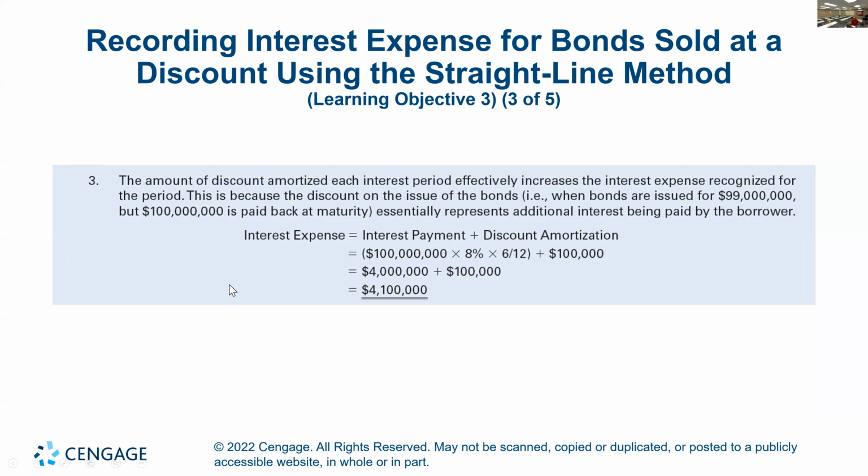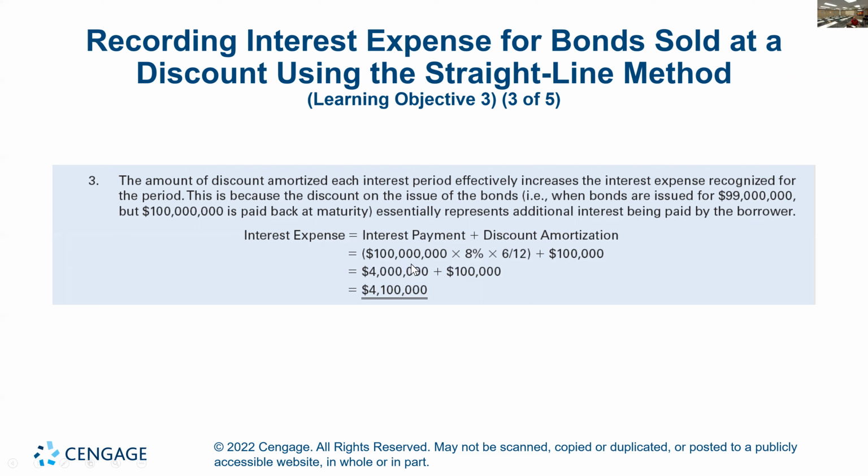When we amortize a discount, the discount is going to increase the amount of interest expense that we charge to our income statement over the cash that is paid. So we calculate here that our cash paid is the 100 million times the 8%, the stated rate, times the 6/12.